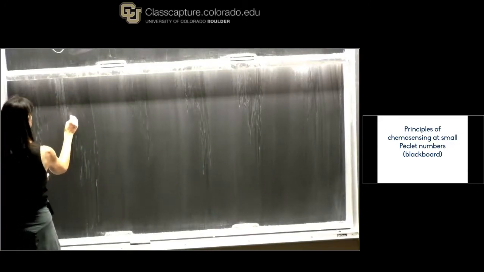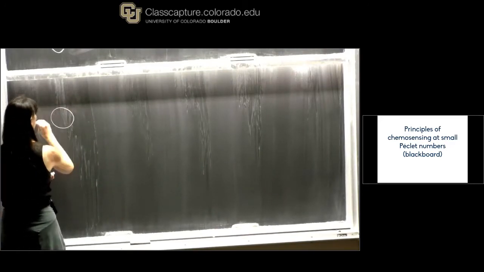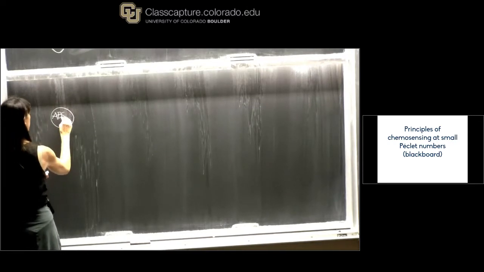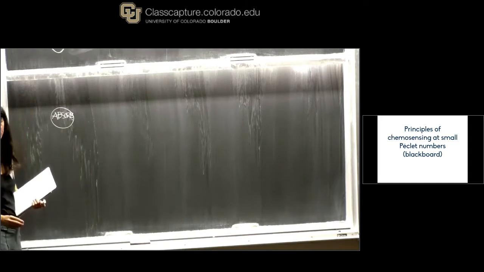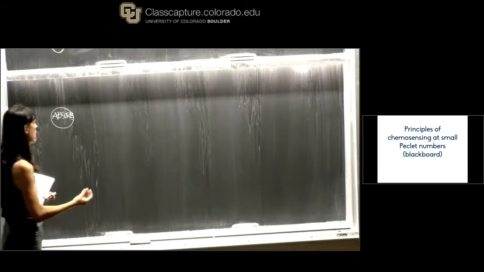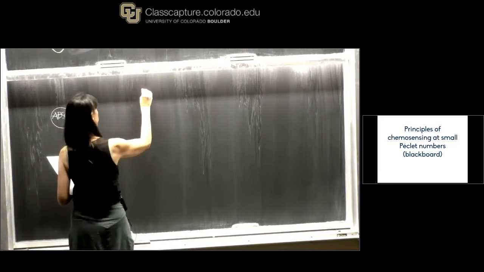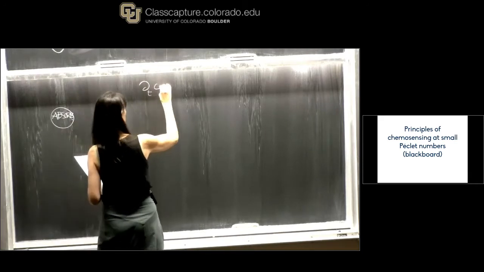You are a cell, and you are modeled as a perfect absorber. Around you there is a concentration of molecules, a lot of molecules, and they are transported by the advection diffusion equation.